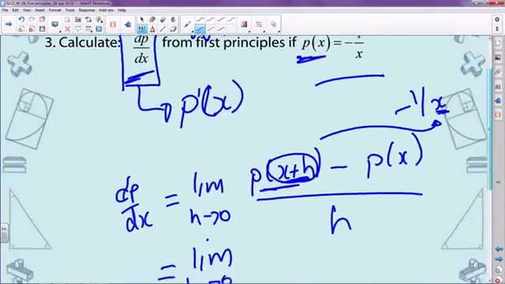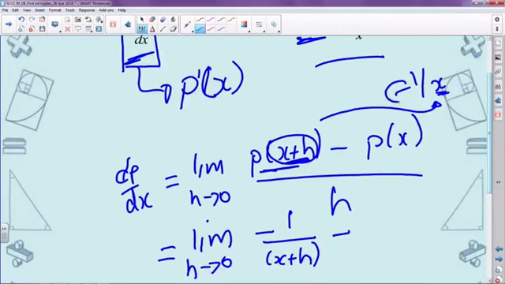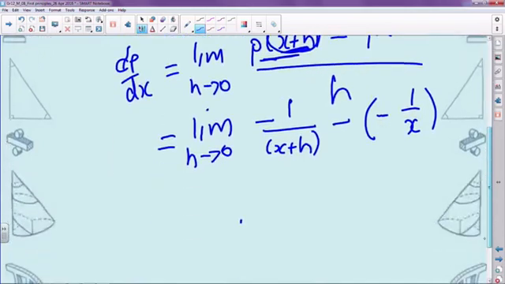Therefore p of x plus h is going to look like this: minus 1 over, not x, but x plus h. Minus p of x, be careful here, you need to use brackets. You are dealing with a negative expression, so it's minus, open bracket, minus 1 over x, and that's all over h. All right, so we bring down the limit.